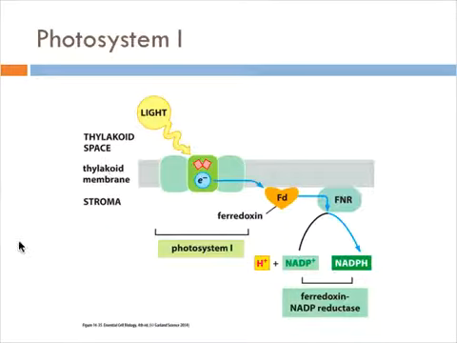Okay. So the goal of photosystem 2 was to generate that proton motive force and get a little bit of ATP. The goal of photosystem 1 is to generate NADPH. Our high energy electrons are going to be passed to ferredoxin, which is then going to pass those electrons to ferredoxin NADP reductase, which is going to utilize that to reduce NAD plus to NADPH.